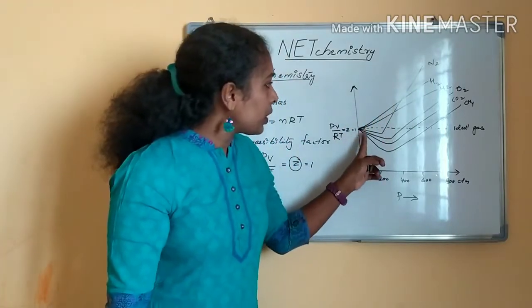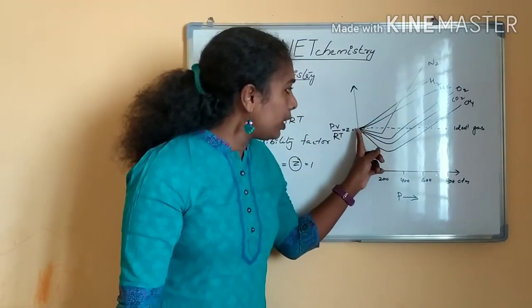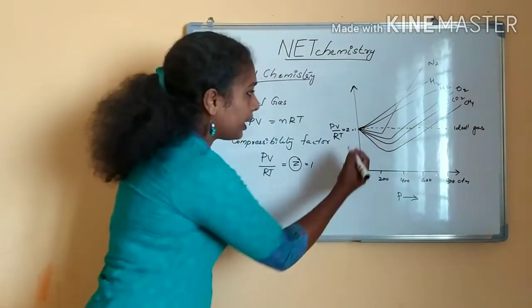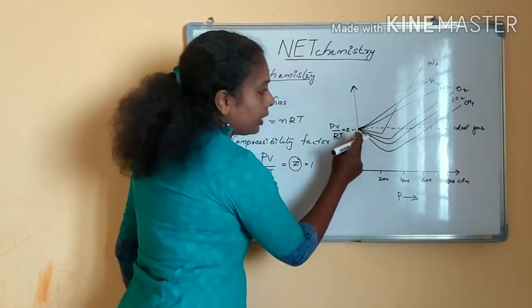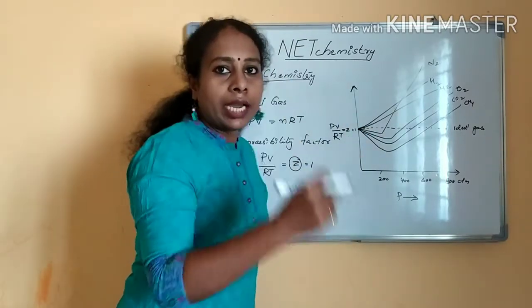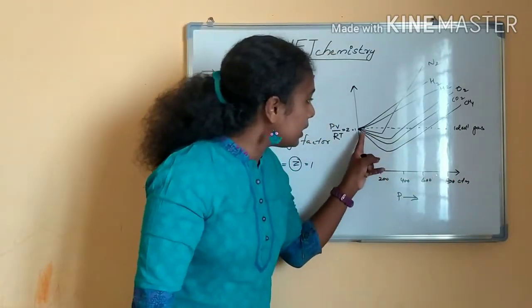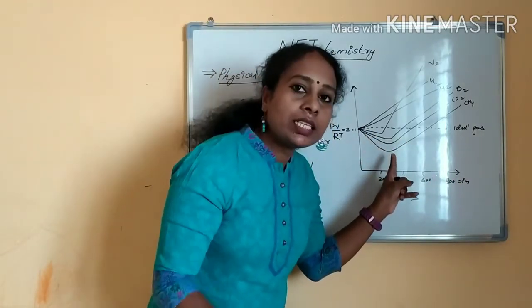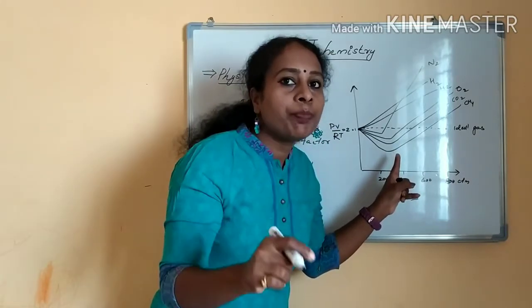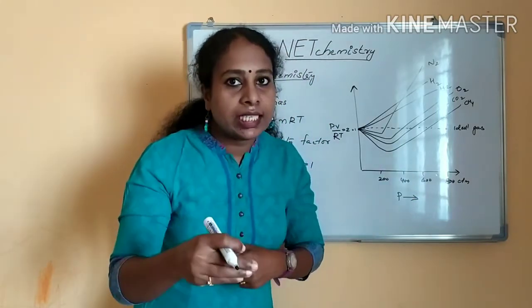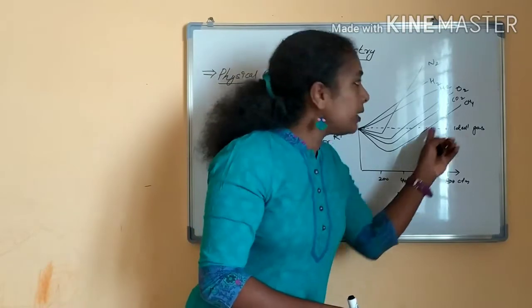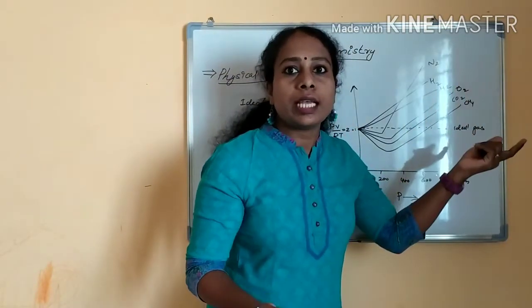See, some of the gases behave ideally at low pressure, right? This is the lowest pressure, and while starting it behaves ideally. As the pressure increases, the Z value decreases to a minimum value, it is less than 1, then it starts increasing. How is it happening?